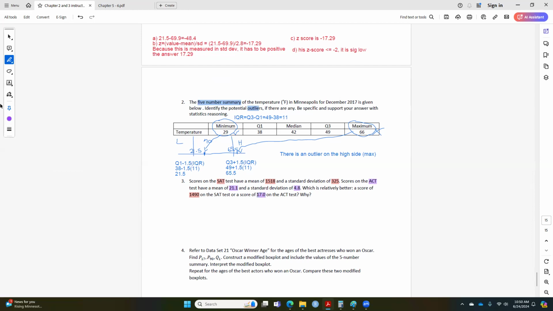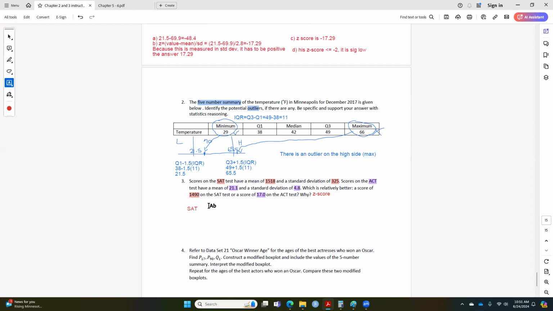So the question is asking which one is better. Okay, so how do we figure out which one is better? If you want to compare two things, we will use the z-score. A z-score means we try to convert this test score into a standardized score. Then you can figure out who did better.